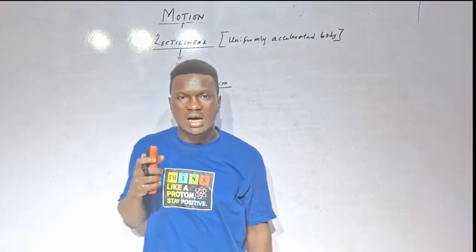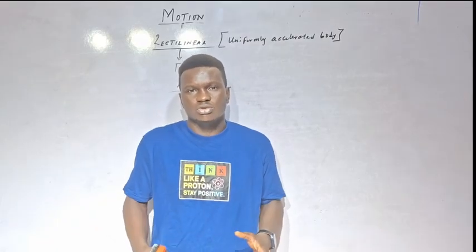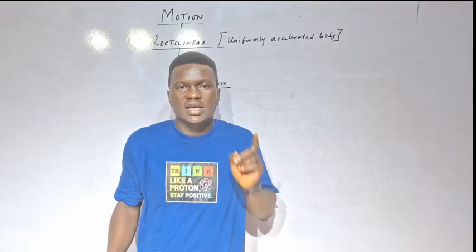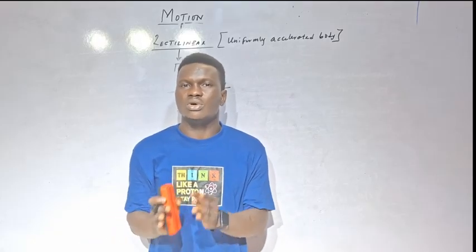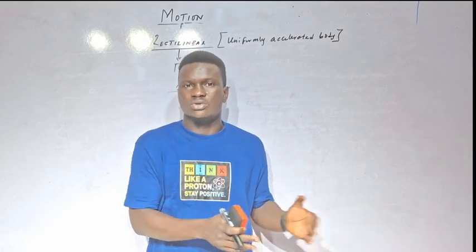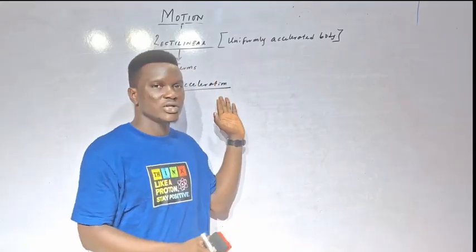If I slow down, that means I'm trying to decelerate. I'm trying to slow down the rate at which I'm moving. Maybe I was moving very fast, then I decided to slow down. That's called deceleration. So the rate of increase in velocity, rate meaning per unit time, is called acceleration.